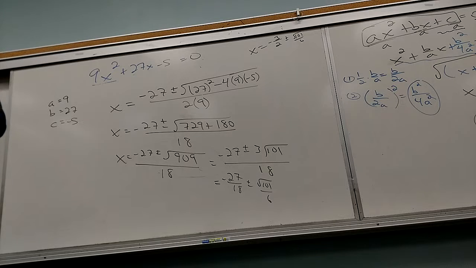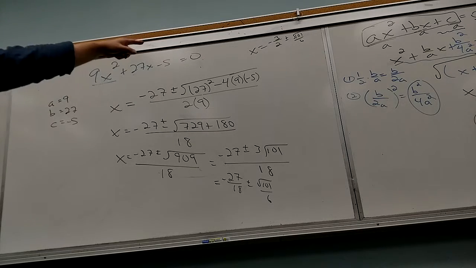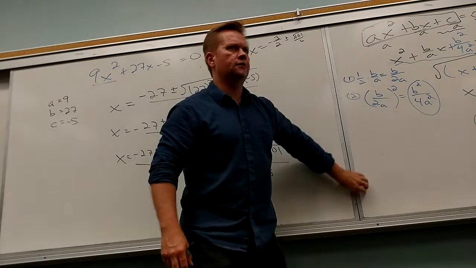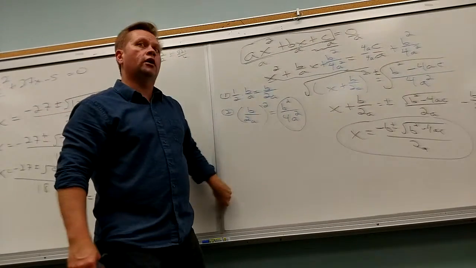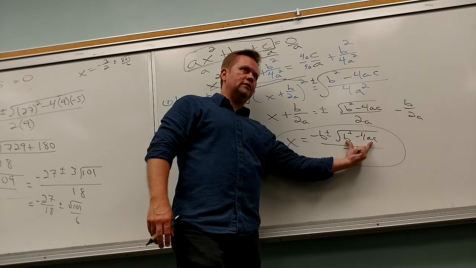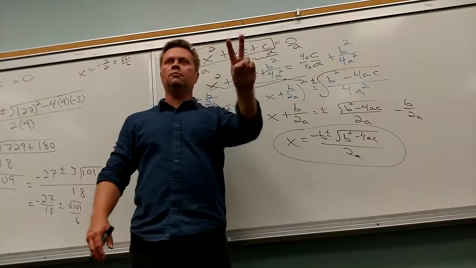There are the 4 main ways to do it. Can your answer come out complex? Can anybody tell me what would tell you you're going to get a complex answer? What part of this? Yeah, if b squared minus 4ac is negative, you are going to get 2 complex answers.